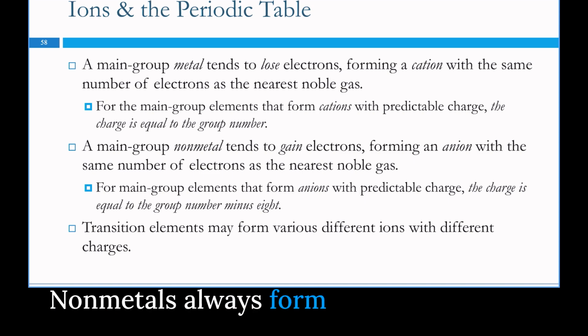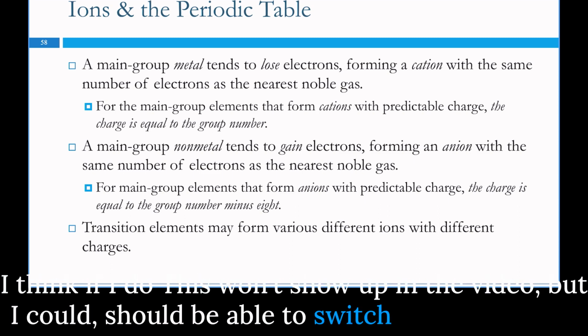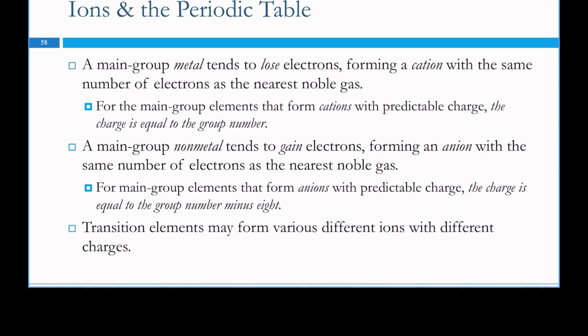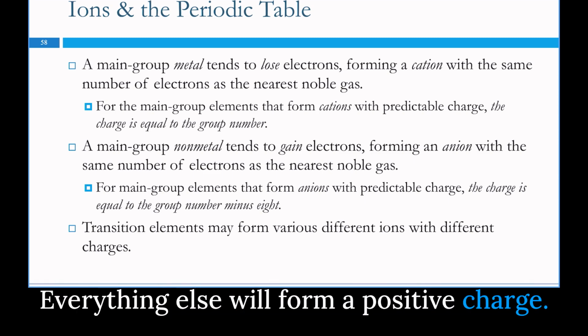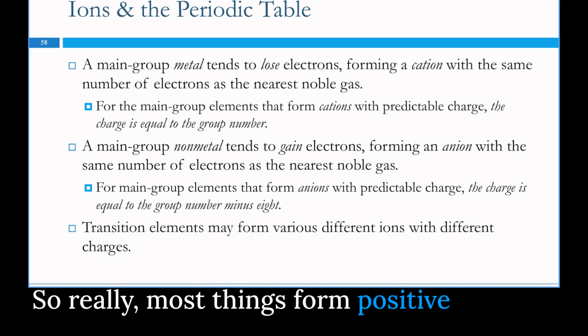Non-metals always form negative charges. So we've got all of our non-metals over here. These guys form negative charges. Everything else will form a positive charge. So really most things form positive charges.